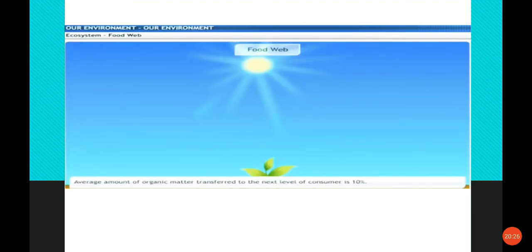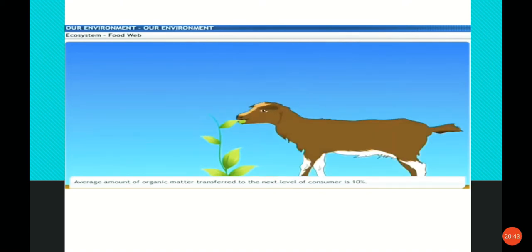The green plants in a terrestrial ecosystem capture about 1% of the energy of sunlight that falls on their leaves and convert it into food energy. When these green plants are eaten by primary consumers, a great deal of energy is lost as heat to the environment.